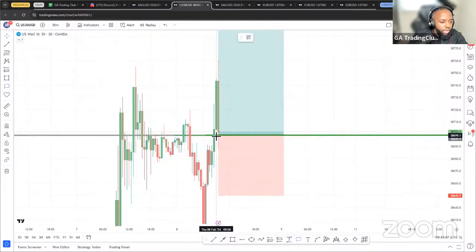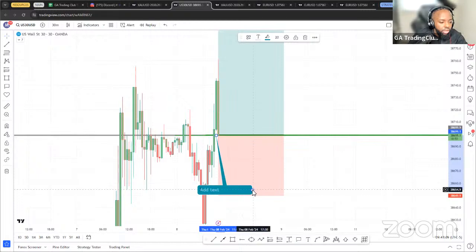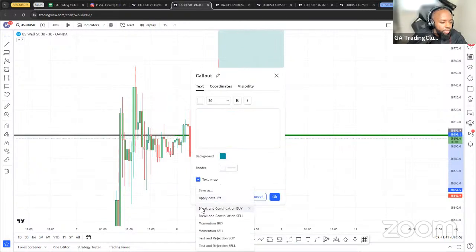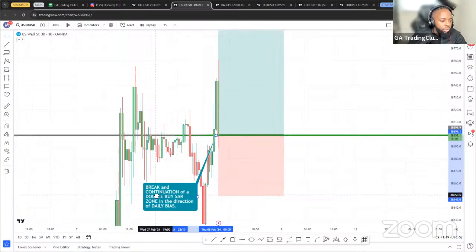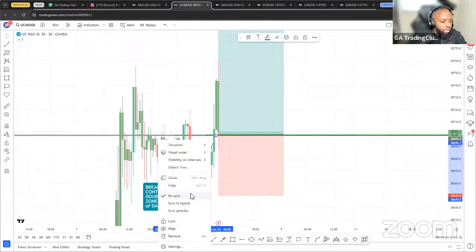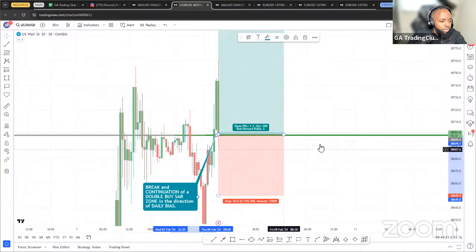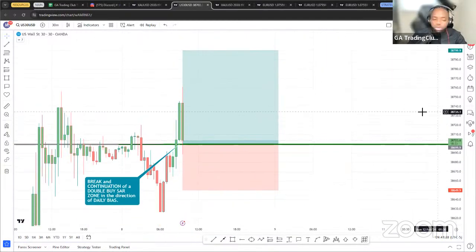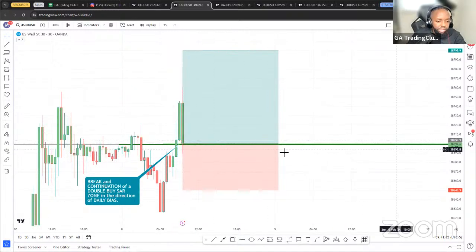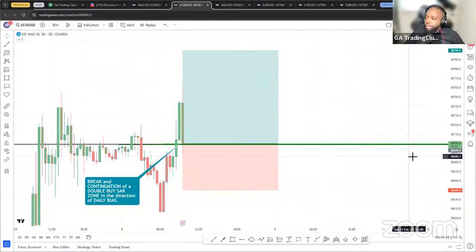And this is a break and continuation. So that's one trade that's currently, I just hopped into this trade right here.